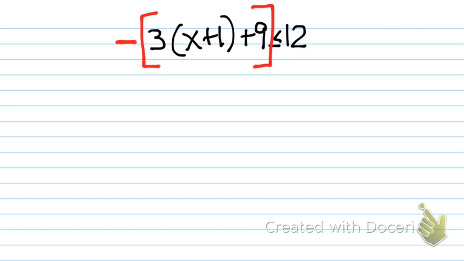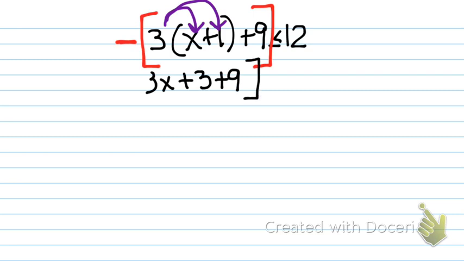Okay, for the other problem, we need to follow please excuse my dear Aunt Sally and work inside of the brackets before we handle the brackets itself. We multiply the 3 to the x and the 3 to the 1. We have 3x plus 3 plus 9.